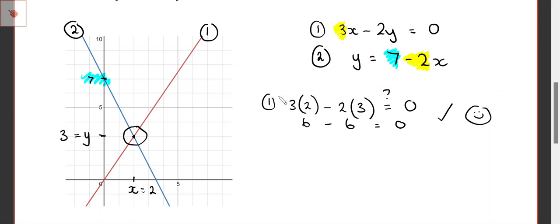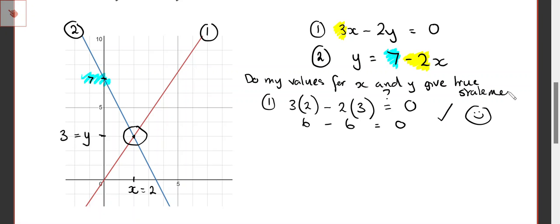Right. So basically, we're saying, do my values for x and y give true statements? Is the question. So number 1, it did work. Number 2, let's try it.